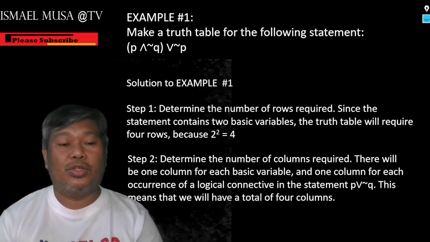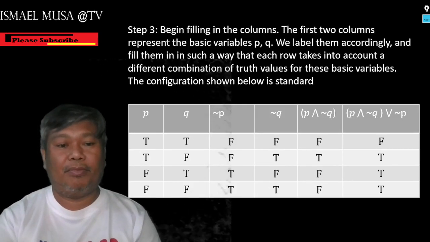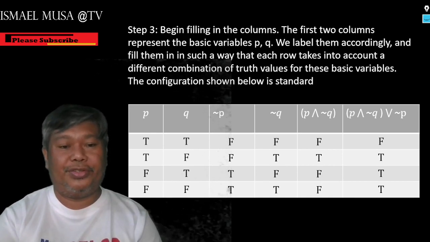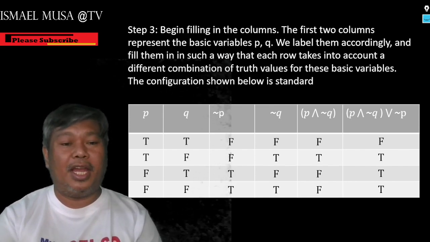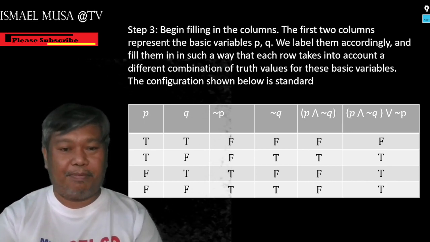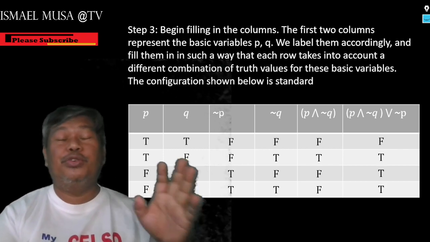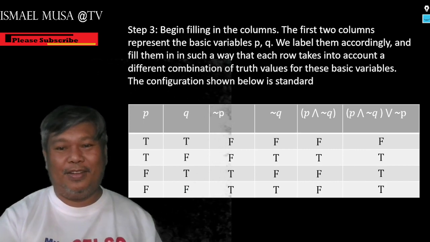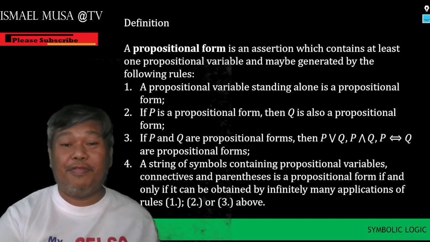So, this means that we will have a total of 4 columns. So you have P, Q, then not P, not Q. Then we have the P and not Q. Then after that, we have the P and not Q or the not P. Then you use the definition of the conjunction and the disjunction. I hope you follow.